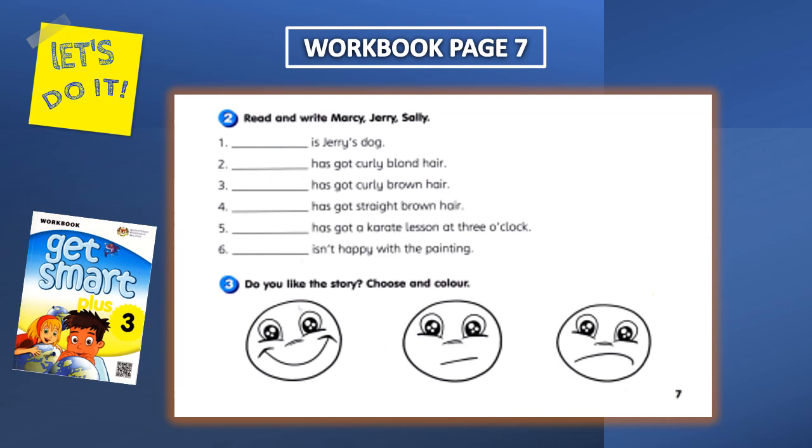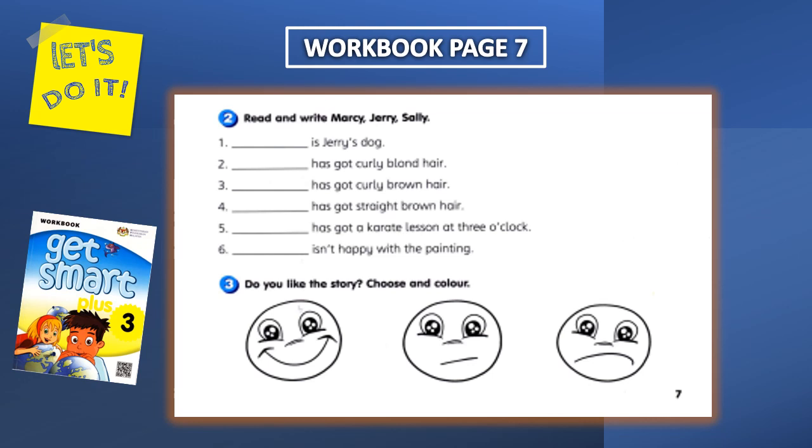To confirm the answer, you can refer to the textbook, pages 12 and 13. You must read all these and then fill in the blank with Marcy, Jerry, and Sally.